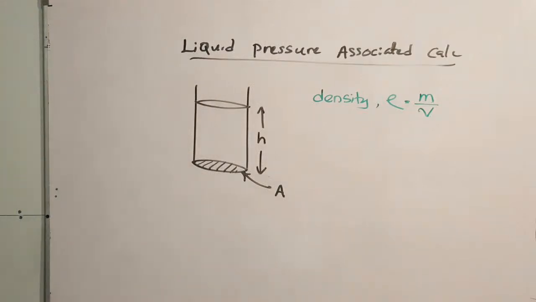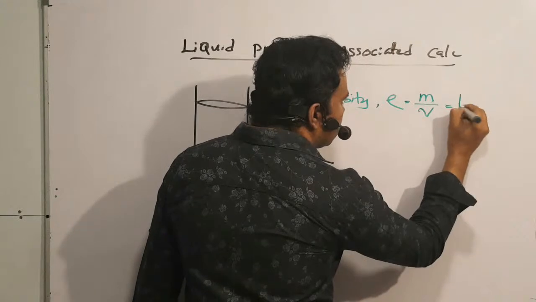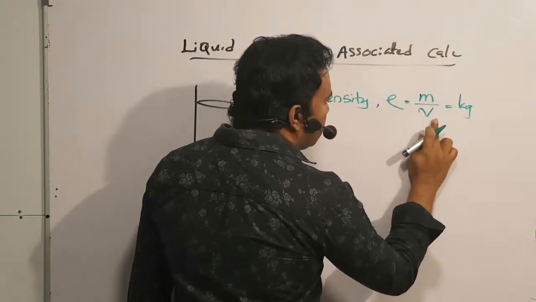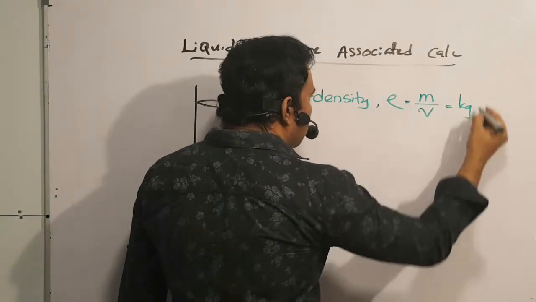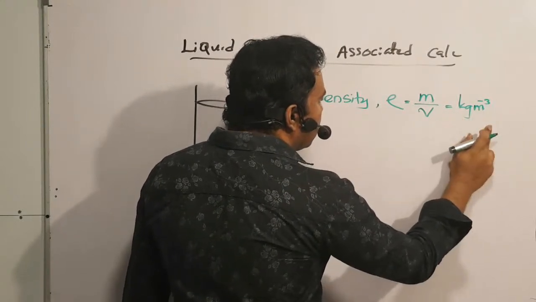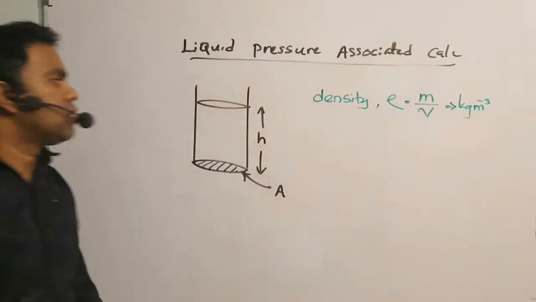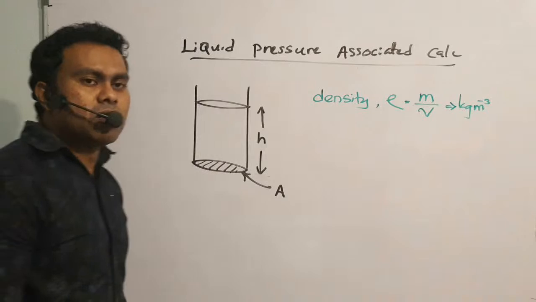Okay, so SI unit mass is measured in kilograms and volume is measured with cubic meters. Kilograms per cubic meter is the unit of that.